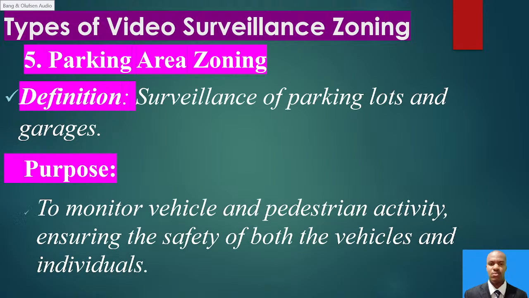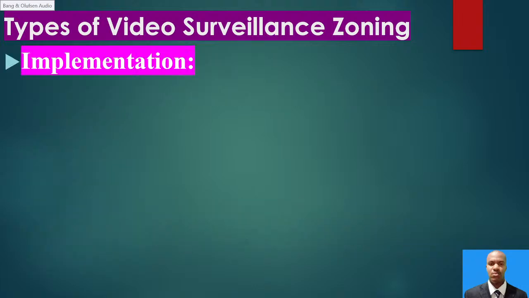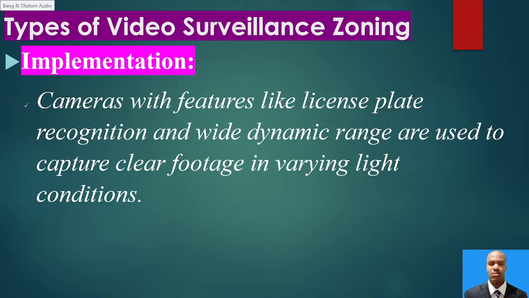The purpose: to monitor vehicles and pedestrians' activities, ensuring the safety of both vehicles and individuals. Implementation: cameras with features like license plate recognition and wide dynamic range are used to capture clear footage in varying or changing light conditions.